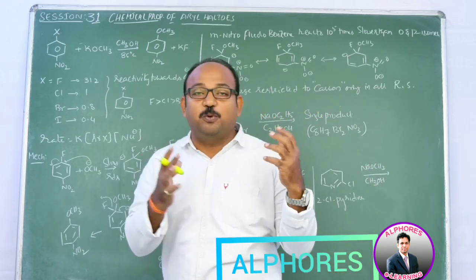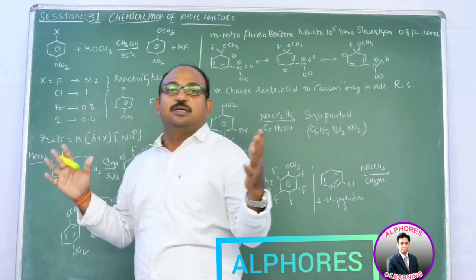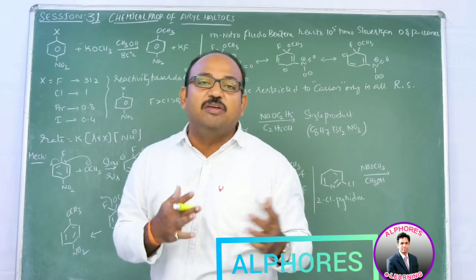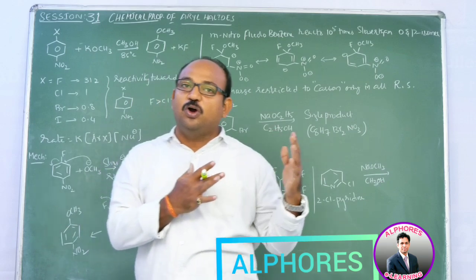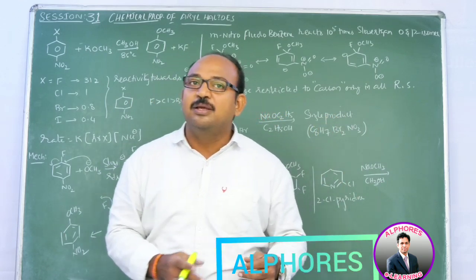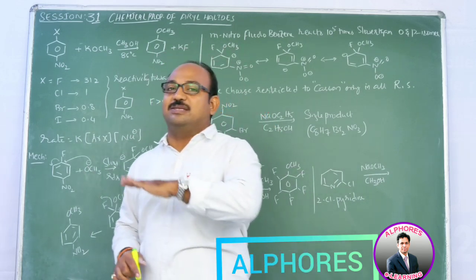When we are asked why it is like that, it is because of iodine's large size, its tendency to leave is more, its nucleophugacity is more. Whereas in the case of fluorine, because it is a poor leaving group, its leaving ability is less.